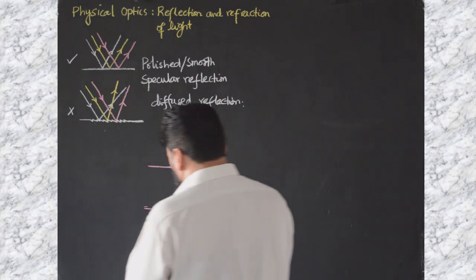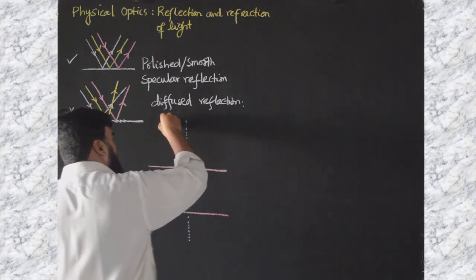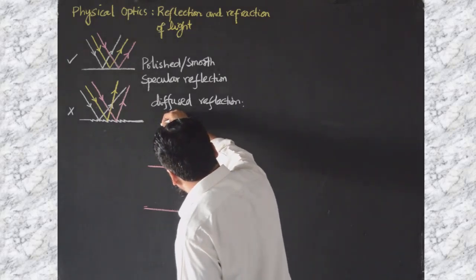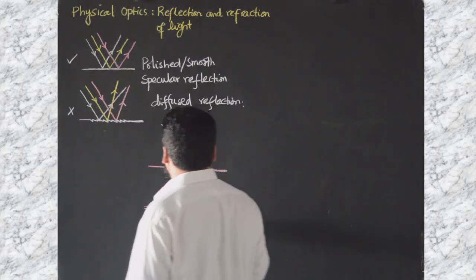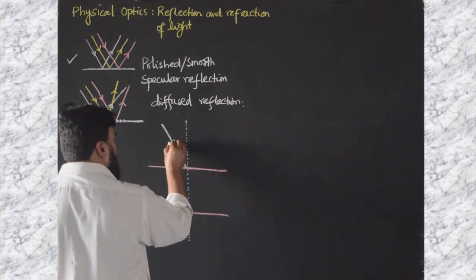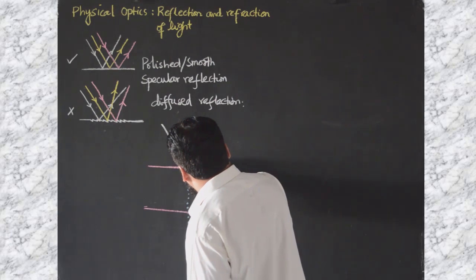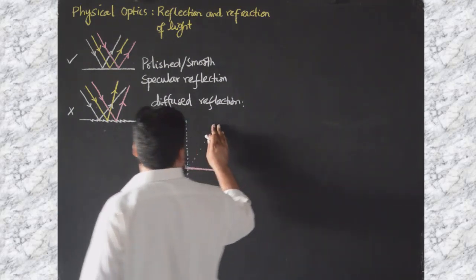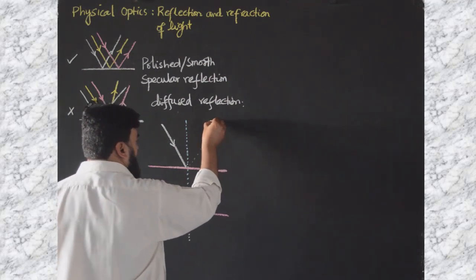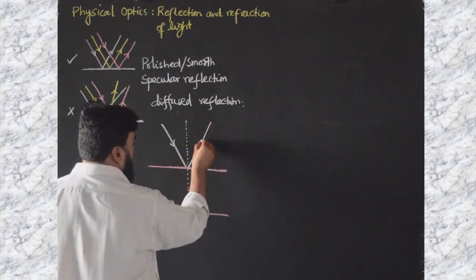Let's say we have a ray of light, and I will consider only one ray, coming in and hitting this surface. One possibility is that this ray of light will reflect at exactly the same angle at which it struck.